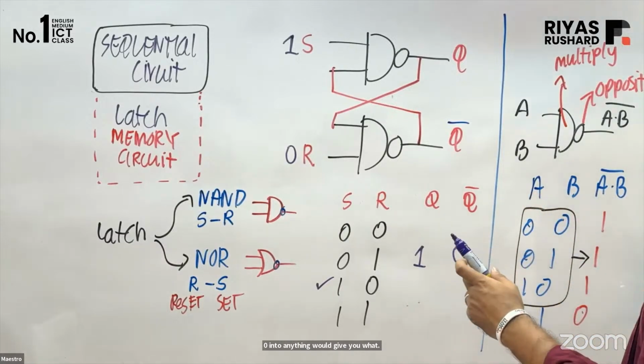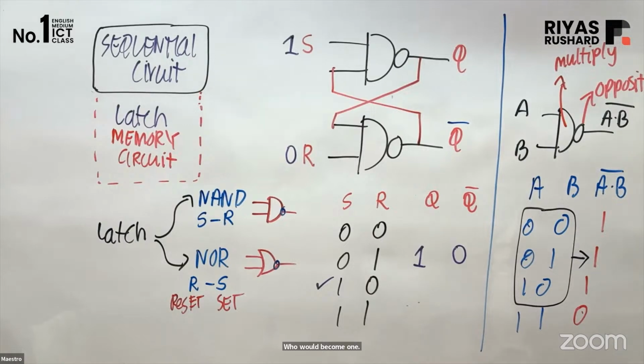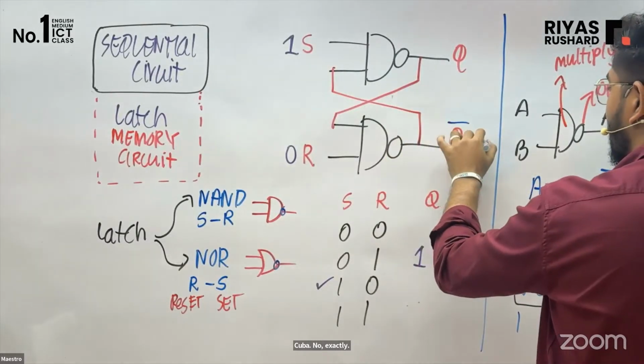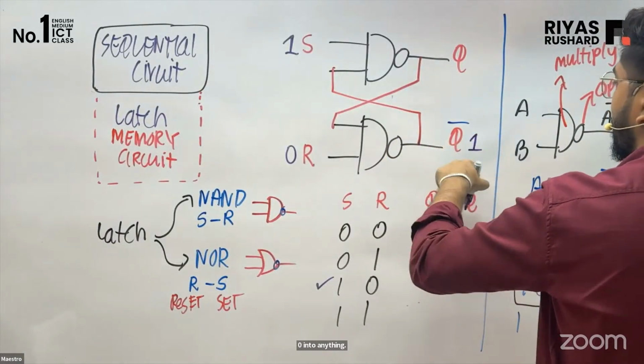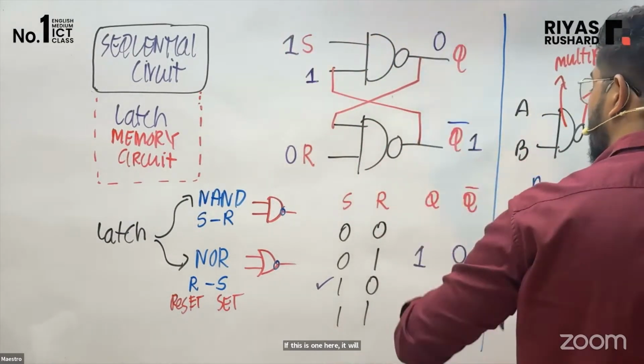Okay. Who would become 1? 0 into anything would become 1. Can you tell me, Zainab? Exactly. 0 into anything, its opposite is 1. If this is 1, here it will become 1. 1 into 1, its opposite is 0.